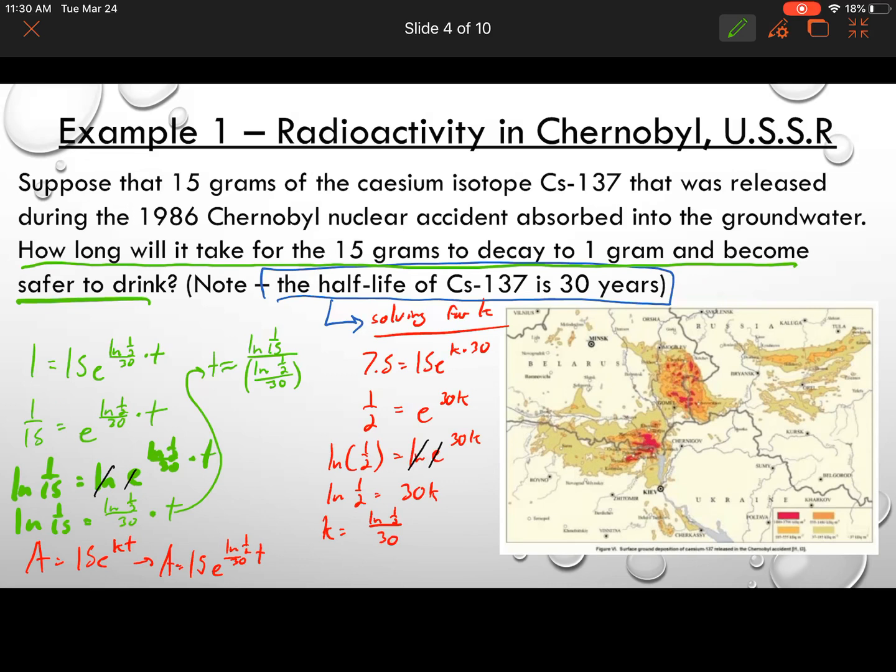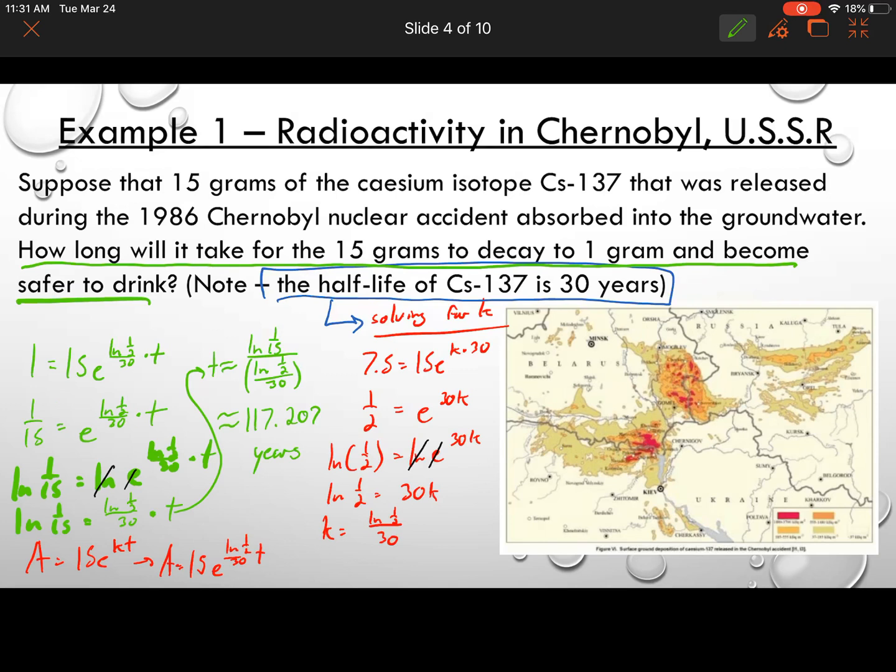So you should get approximately 117.207. Remember, always round to three decimal places, years. On an AP exam, always round to those 3 decimal places.